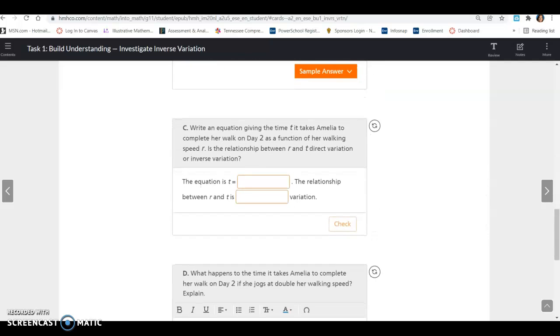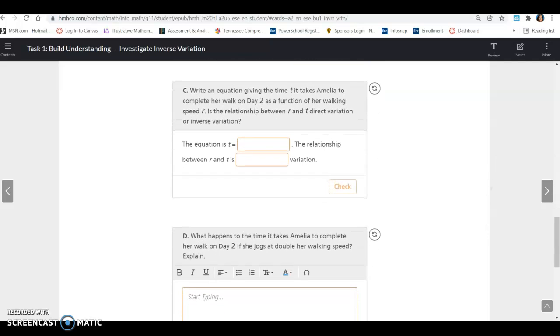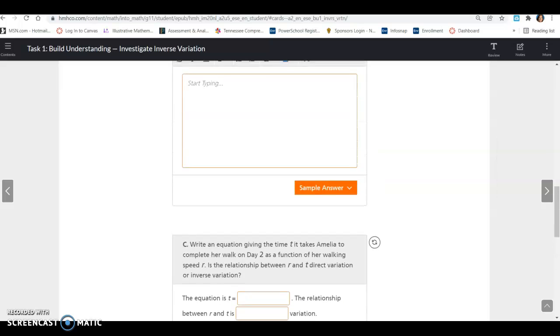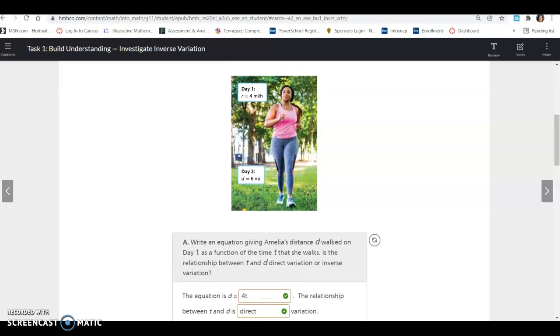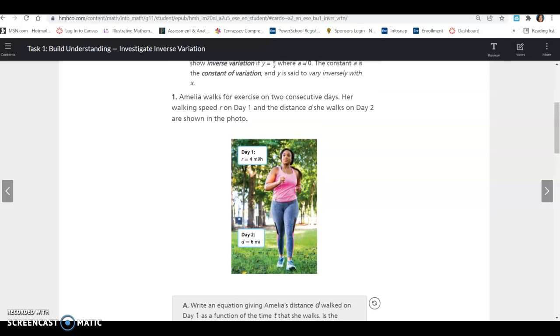All right, so it says write an equation giving the time t it takes Amelia to complete her walk on day 2 as a function of her walking speed r. Is the relationship between r and t direct variation or inverse variation? All right, so if you look up here above, her distance on day 2 is 6 miles.